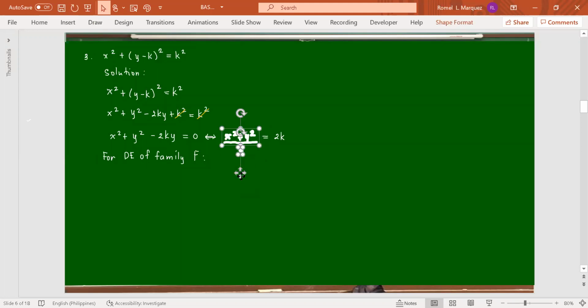So let's move this so that it is at the middle of the equal sign.